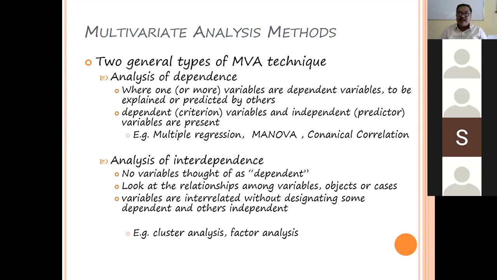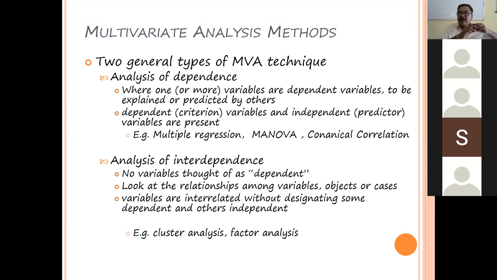Meaning, in the dependence analysis, one of the variables depends on a number of independent variables. For example, demand for a commodity depends on the price of that commodity, the income of the customers, the taste and preferences of the customers, and many things.